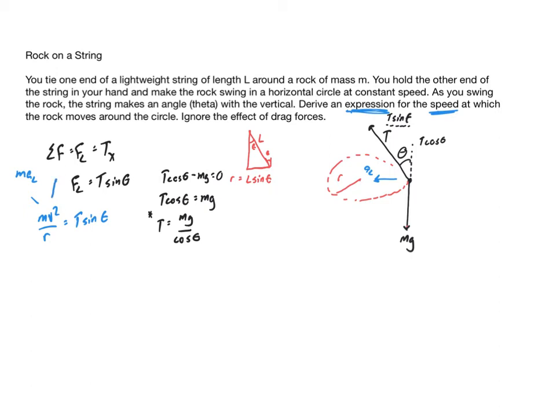So we're going to have to solve for v here. So a lot of this now is going to just start plugging and chugging a little bit. I have mv squared over r equals T, and I'm going to plug in my value that I found over here on the right, mg over cosine theta. So mg over cosine theta is tension times sine theta.